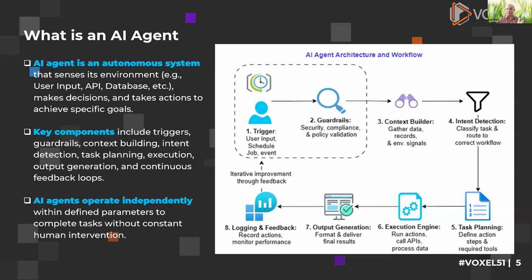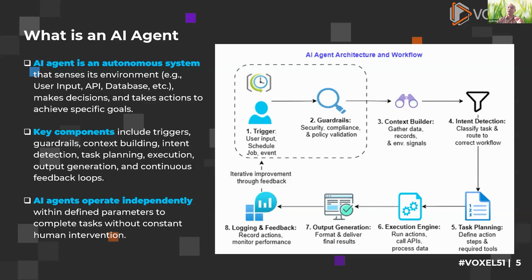But if in a particular workflow execution there is something wrong, it will not correct that. That is one drawback of AI agents. I'm sorry, I started with the drawbacks, but I just wanted you to know that this is the core definition of an AI agent.